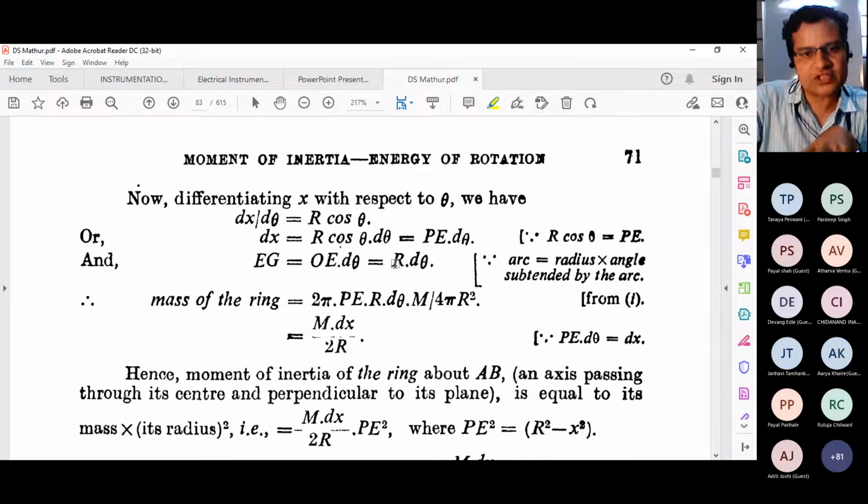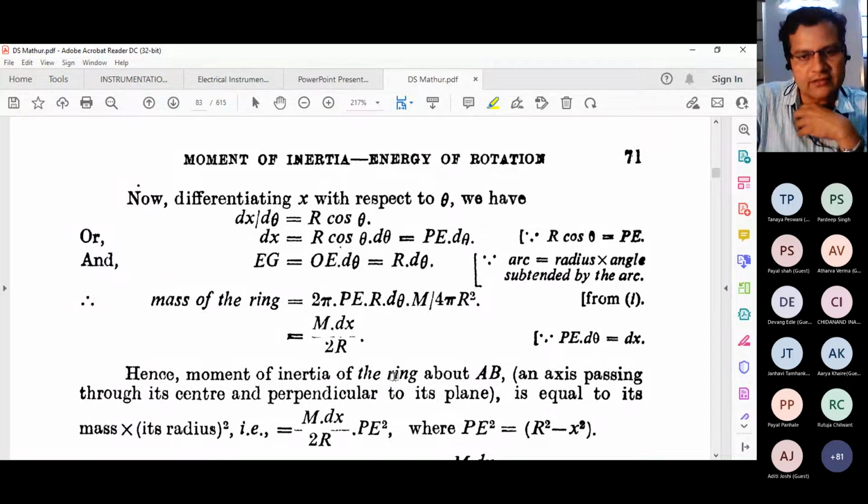By this relationship, now you will have a simple mass of the ring. In the calculation, 2π and 4π, they cancel 2 over there, and all the remaining quantity will be m dx divided by twice r. So that is the quantity left behind as the mass of the ring.